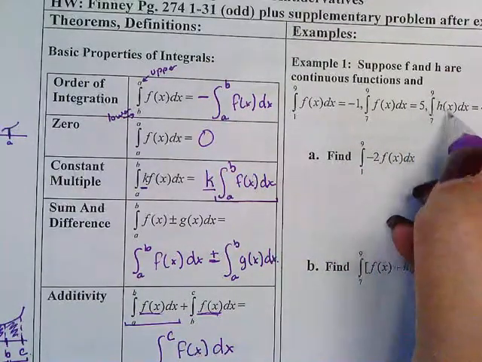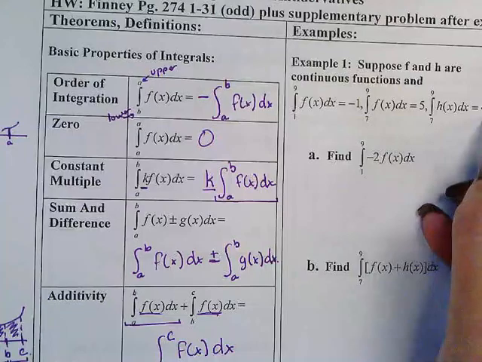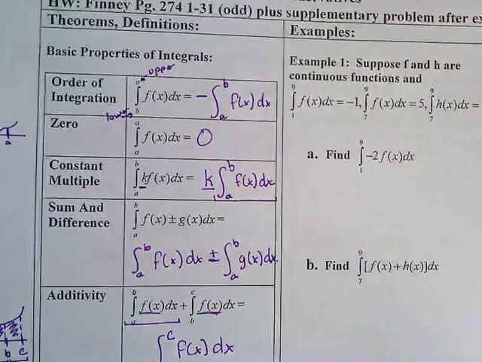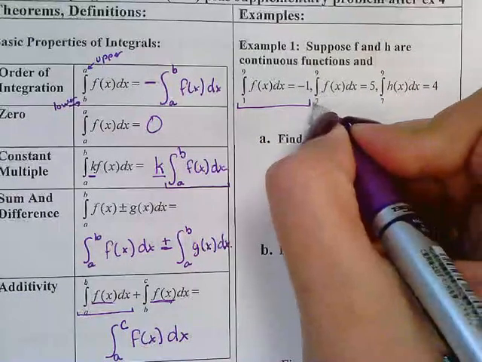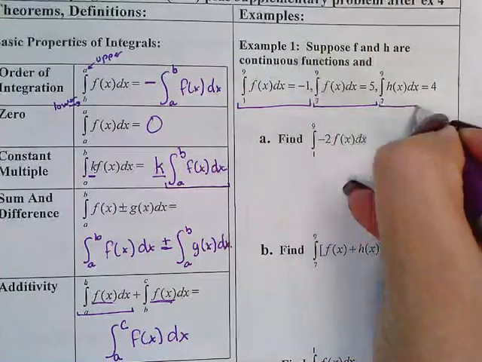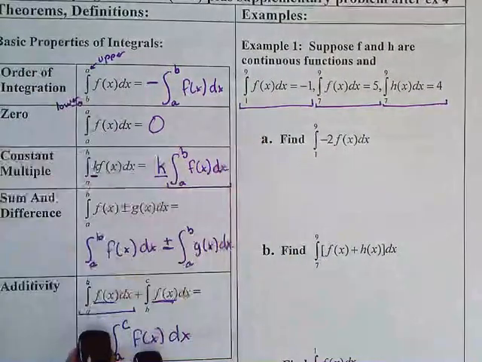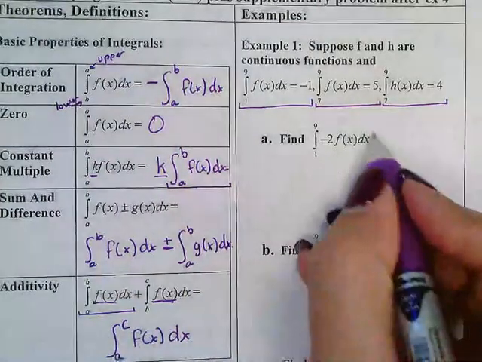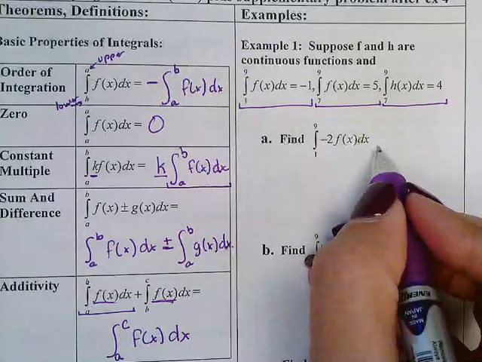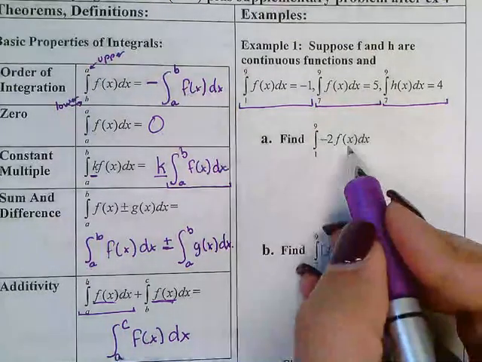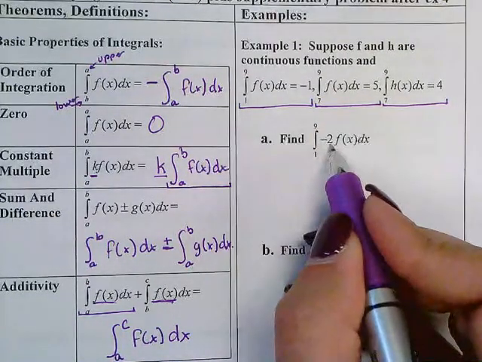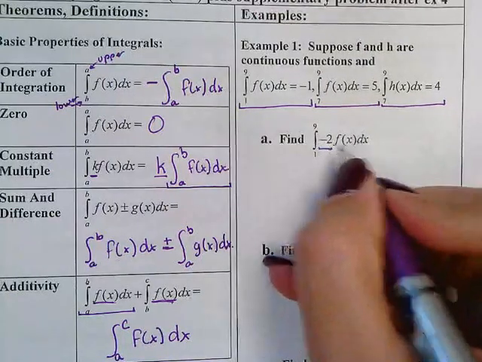And from 7 to 9 of h of x dx is 4. So using these three pieces of information, can we use the properties that we just talked about and identify these values? So here's the idea. Over here we have a constant.